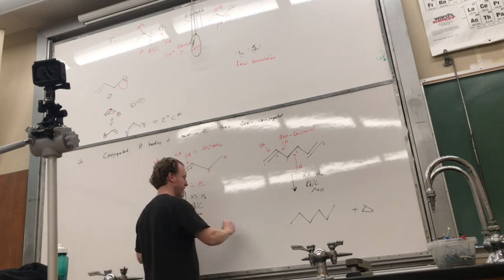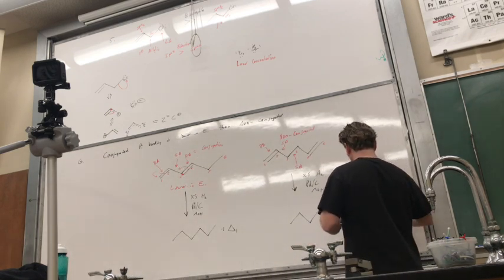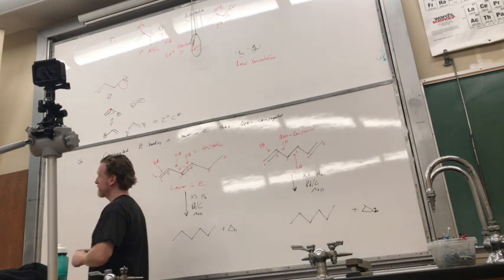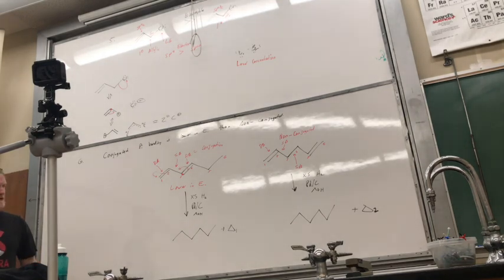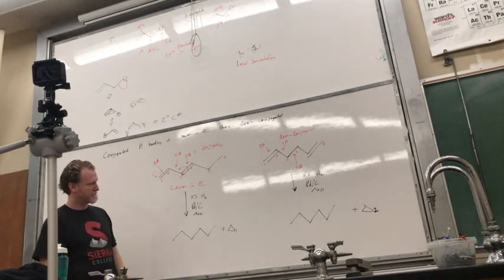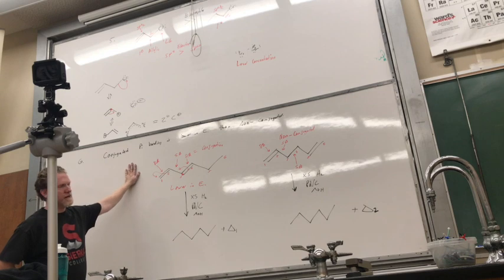And if I compare these heats, I'll call this heat 1 and heat 2, they're not going to be the same. So you can do this reaction, measuring the heat produced with a calorimeter. And which one's greater? Do you think heat 1 is a larger amount of heat or heat 2?